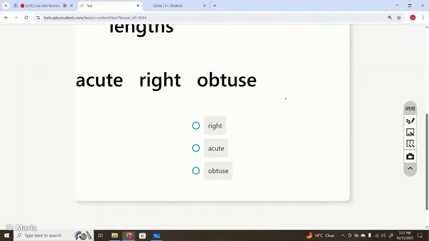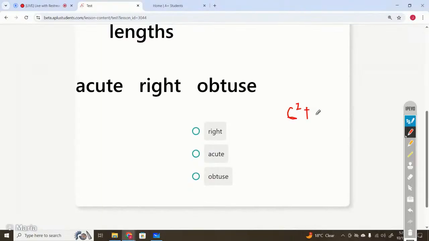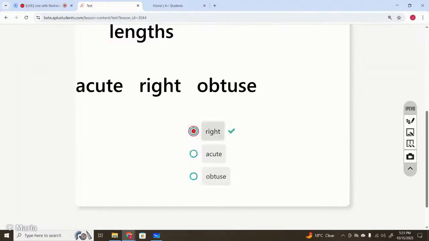That is 6 squared plus 8 squared equals 10 squared. 36 plus 64 equals 100. So 100 is equal to 100. So it is a right triangle.